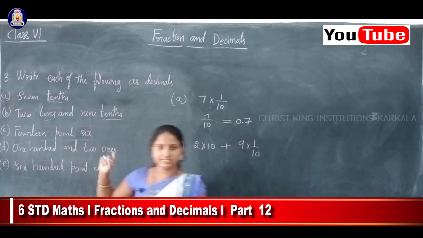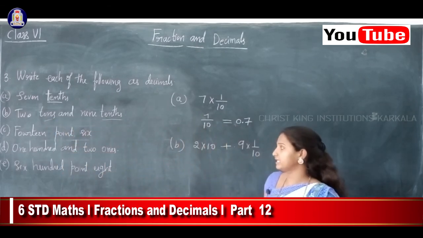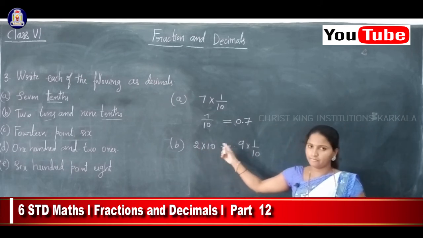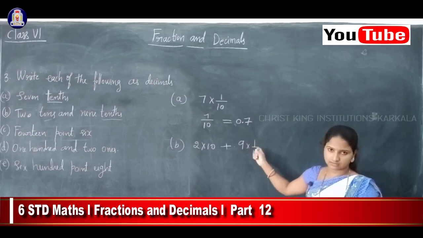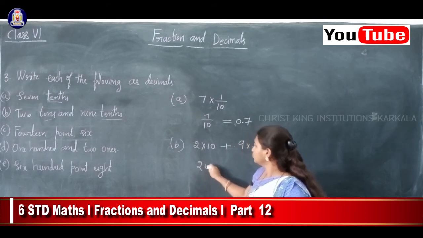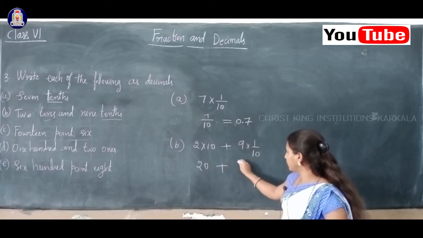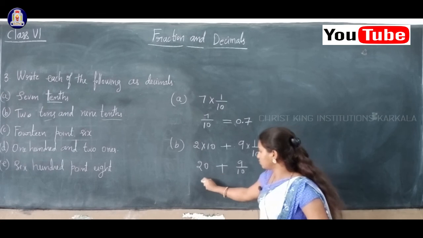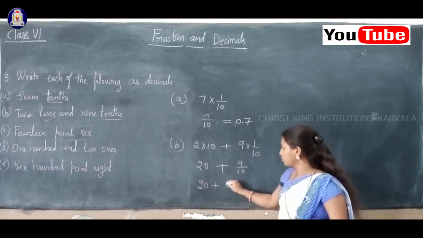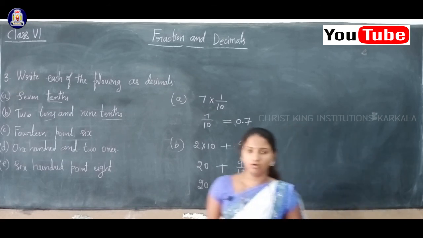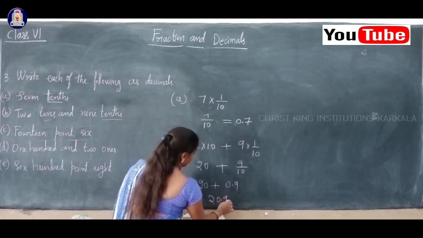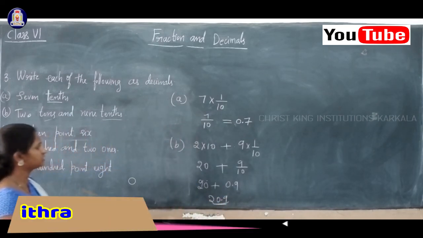This is tens and this is tenths: tenths is 1 by 10, and tens is 1 into 10. So 2 into 10 is 20, plus 9 into 1 by 10, which is 9 by 10. So 20 plus 9 by 10 can be written as 20 plus 0.9, and the value is 20.9. So this is the second one.